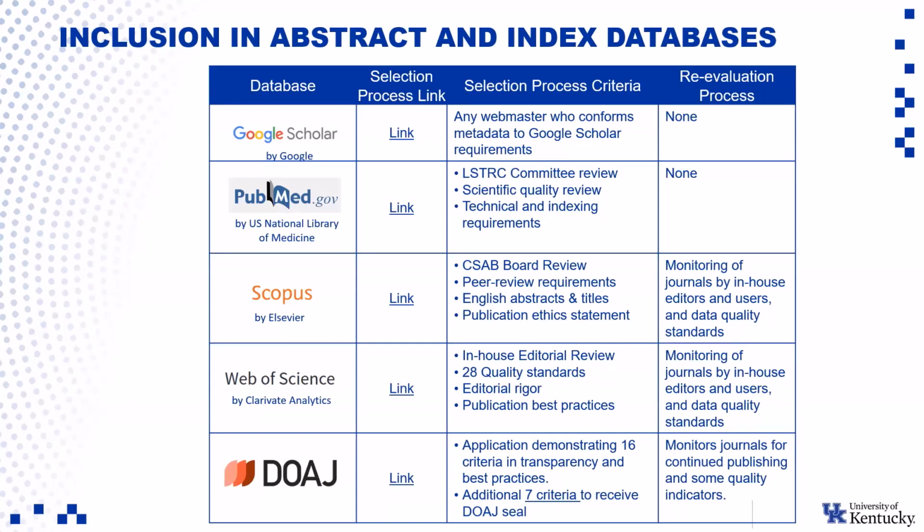You can see in this chart on the page that each one has different requirements for the selection process criteria, and then it tells you if there is a reevaluation process or not. And again, if your journal is indexed in one of these major databases, you're going to get more visibility as an author.